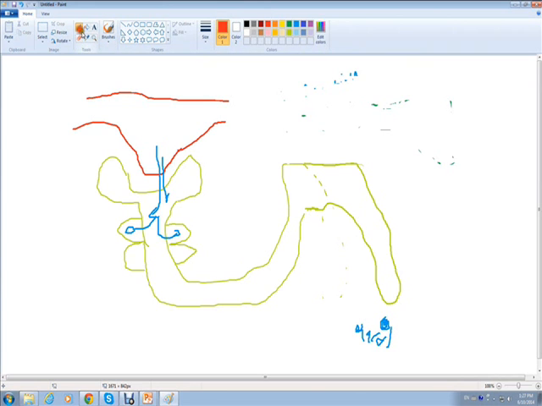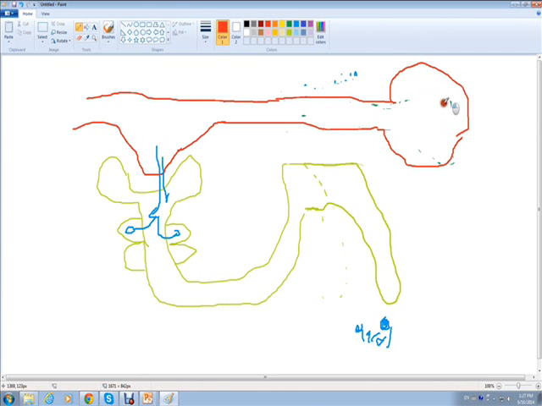Let's just do a concept like this. Okay, this is our blood circulation. Let's suppose this is our blood circulation, and this is a tissue. Tissue in our body, right?